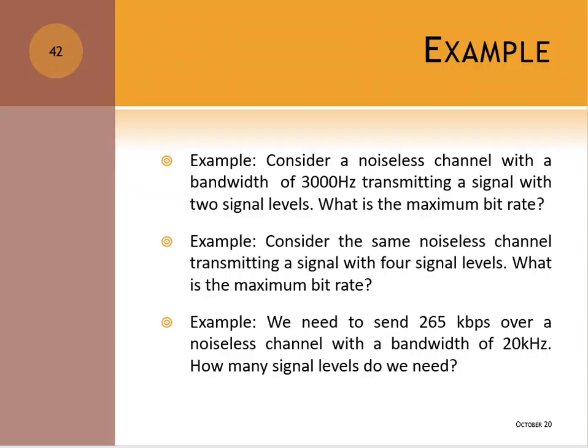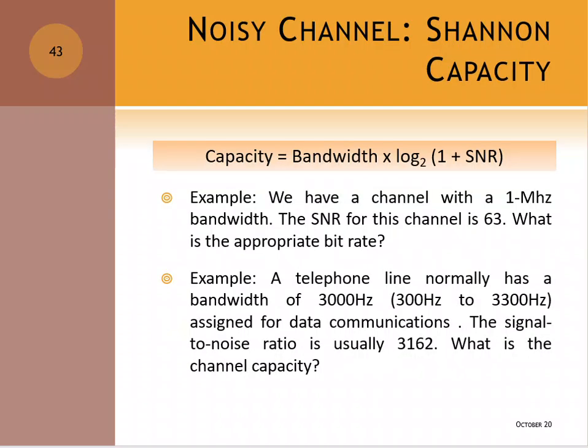Okay, next we move to another formula. This is noisy channel. Okay, just now we consider the channel is perfect enough, so it won't be affected by noise. So now we consider another formula, Shannon capacity formula for noisy channel that can be affected by noise.